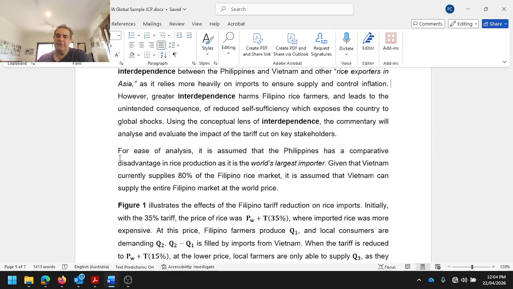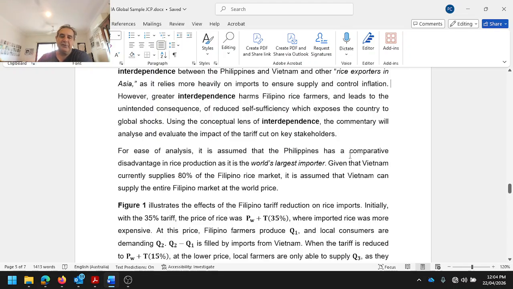In fact, they're the world's largest. So it's really important to say in this instance that the Philippines would obviously have a comparative disadvantage because they're importing. If the country you're looking at is a net exporter, then you would say you have a comparative advantage. I think it's nice to do that because, again, it gets back to the terminology.